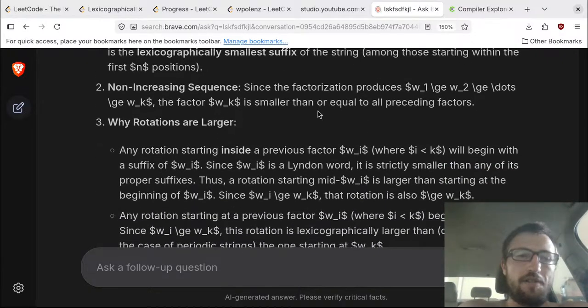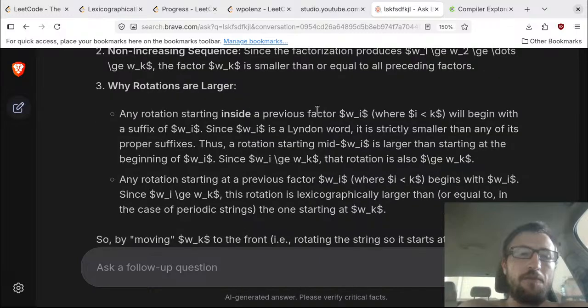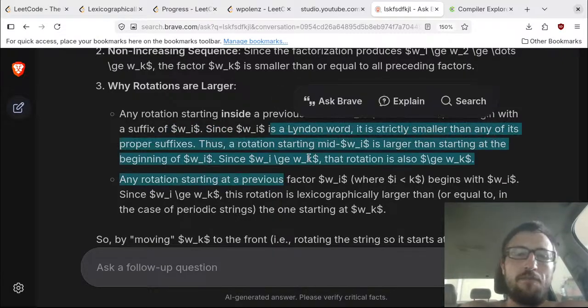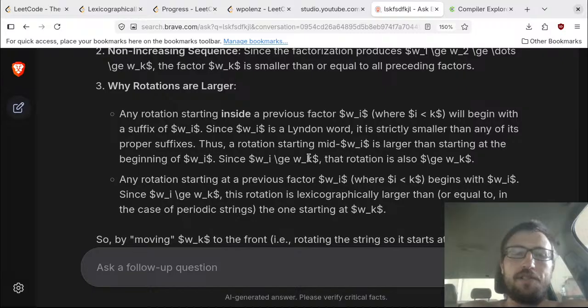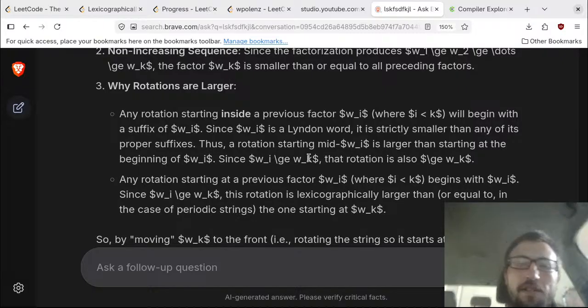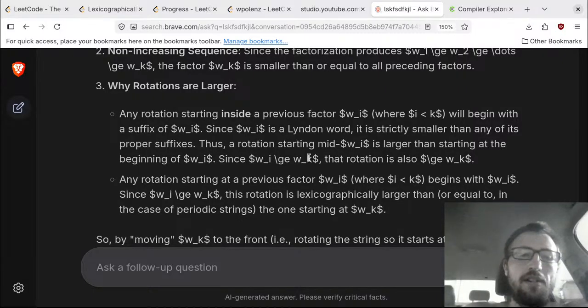Why other rotations are larger: any rotation starting inside a previous factor will begin with a suffix of w sub i. Since w sub i is a Lyndon word, it is strictly smaller than any of its proper suffixes. Thus, a rotation starting mid w sub i is larger than starting at the beginning of w sub i, and since w sub i is greater than or equal to w sub k, that rotation is also greater than or equal to w sub k.